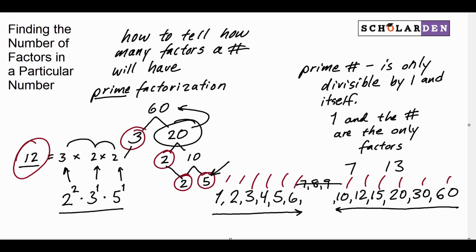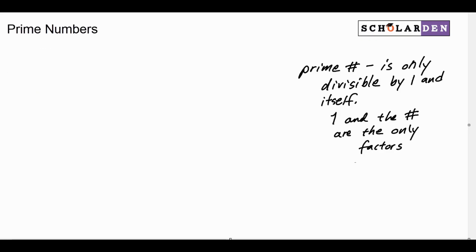Okay, let's talk a little bit more about prime numbers. And let's first start with the number 1. 1 is kind of interesting because we've said a prime number is only divisible by 1 and itself.